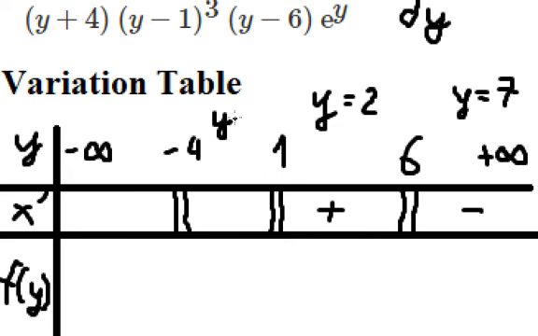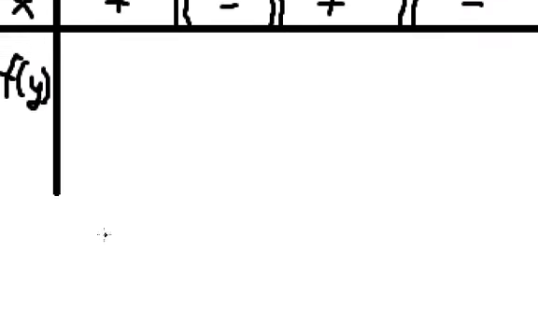I will select y equals 0. So we have negative 1 over 24. This is negative. And the last one, I will select y equals negative 5 in here. So we have 0.06. This is positive.